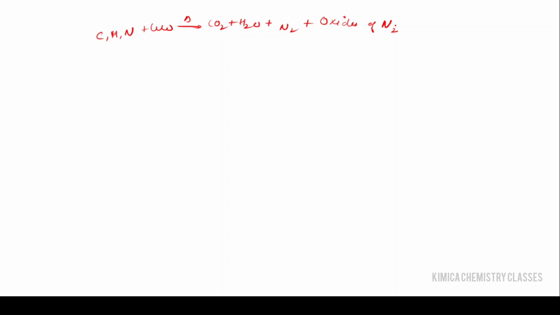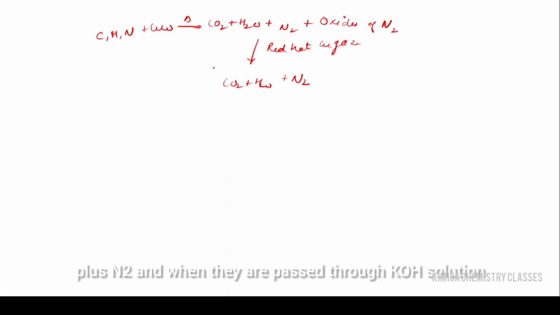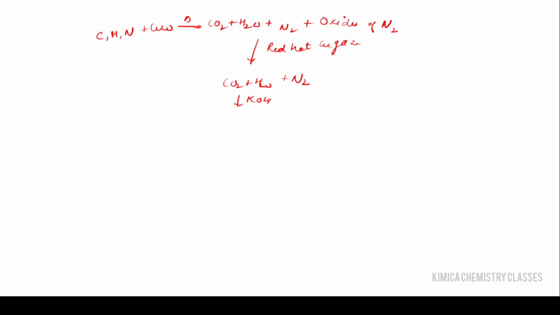Then when they are passed through red hot copper gauze, we get carbon dioxide plus water plus N2, and when they are passed through KOH solution, then we have N2.